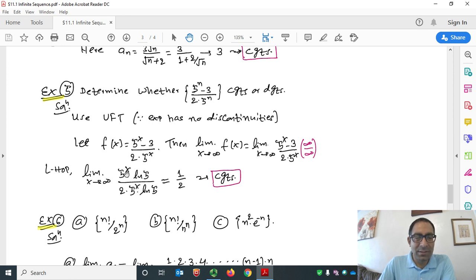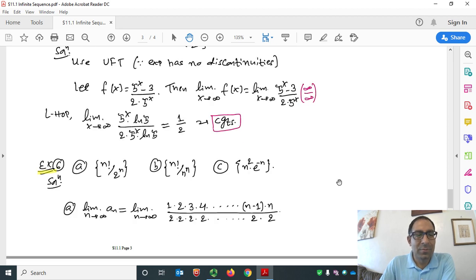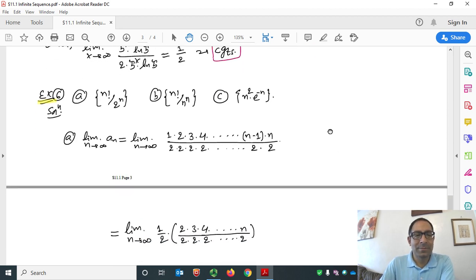Now we can cancel here. So 5^x cancels, natural log of 5 cancels. So we have 1/2 left. So that means this is the limit of our sequence also. So the given sequence converges. Great. Now let's do example 6.